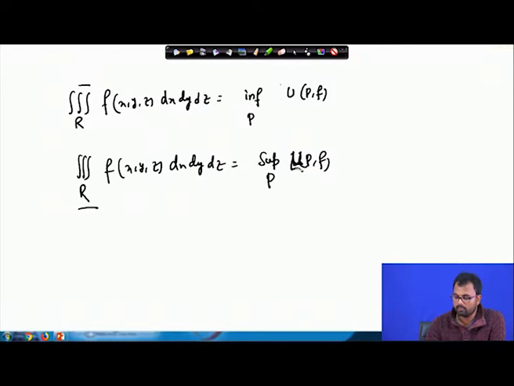So, this is basically LPF, and this is called the lower integral.